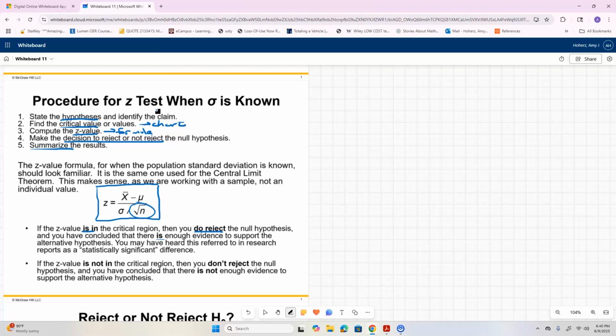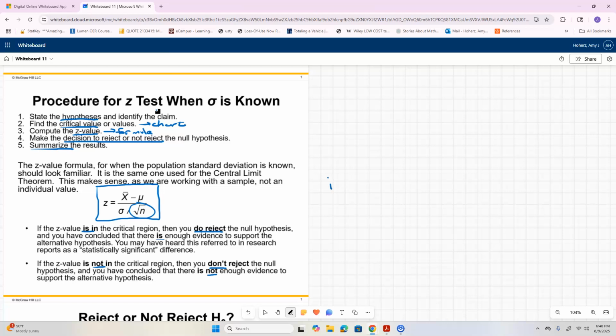If you've ever heard that term, statistically significant, that means there was enough evidence to reject a null hypothesis, and they use that terminology of statistically significant to indicate that. Now, if the z-value is not in the critical region, we don't reject, and there is not enough evidence.